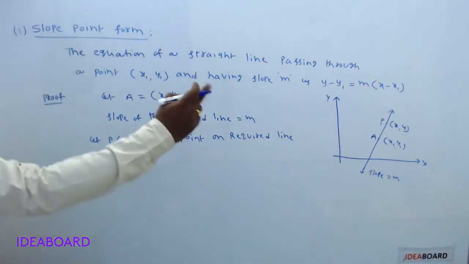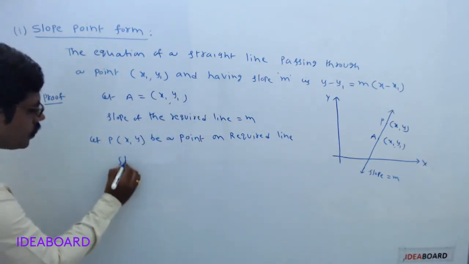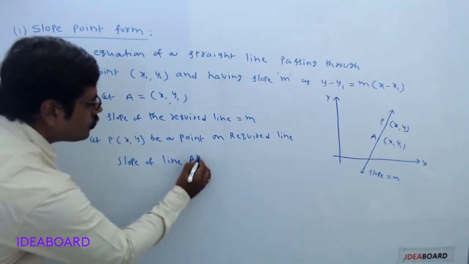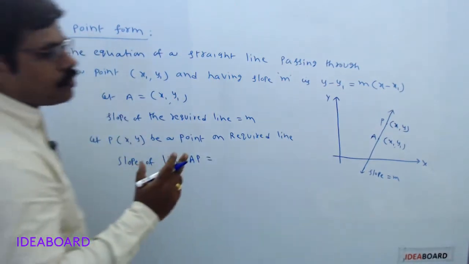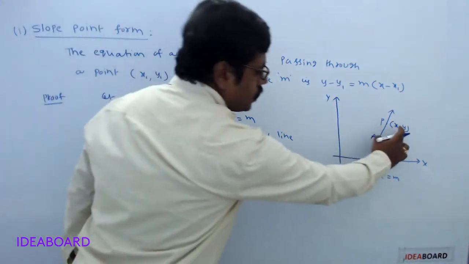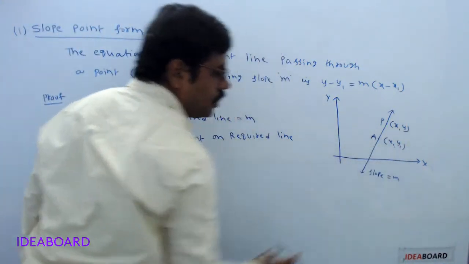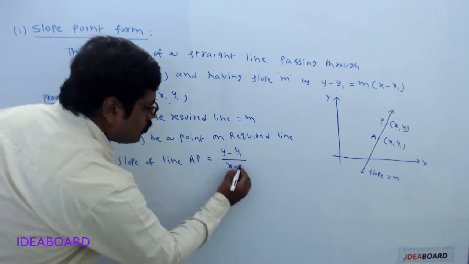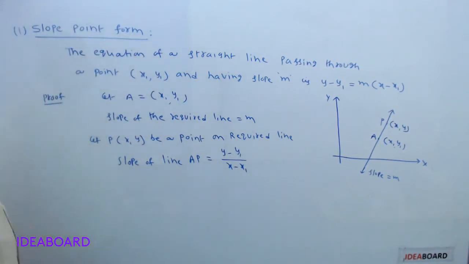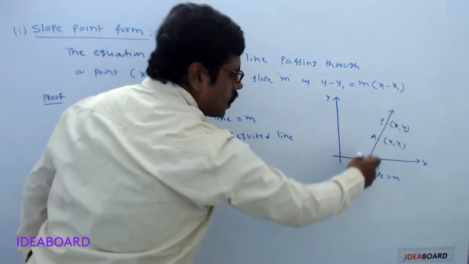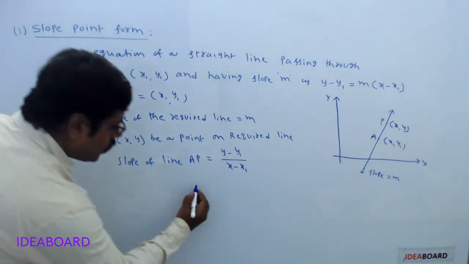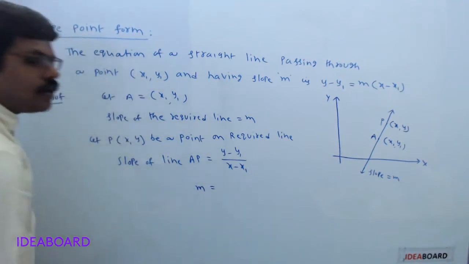Now from the diagram, what is the slope of AP? The slope of line AP equals y2 minus y1 by x2 minus x1, here y minus y1 divided by x minus x1. But the slope of line AP is m. So in place of the slope of line AP, substitute the value m.